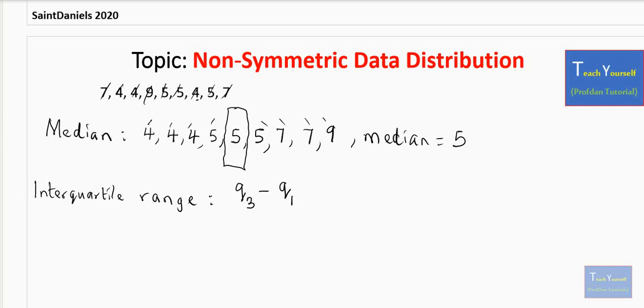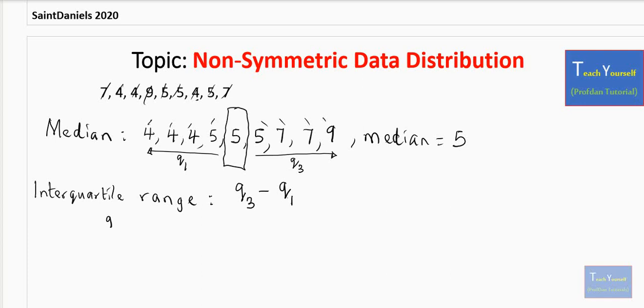And how do we find the first quartile, which is Q1, and the third quartile, which is Q3? Very easy. We said that when you get the median of the data, there are now 2 halves. The left side, which is the lower half, and the right side, which is the upper half. From the left side, you get your Q1, and from your right side, you get your Q3, the third quartile.